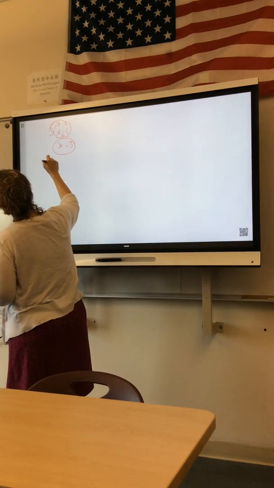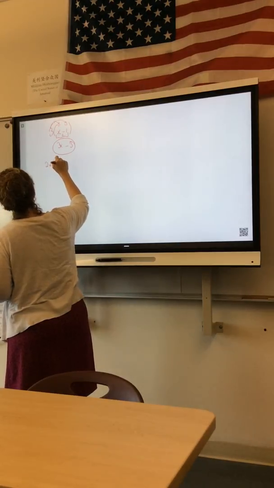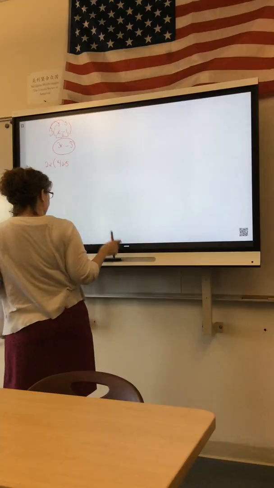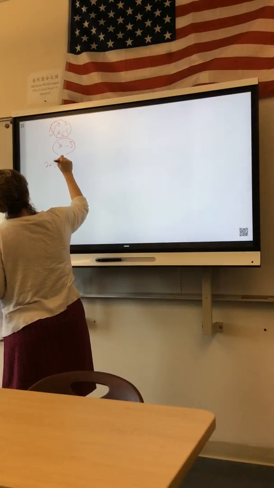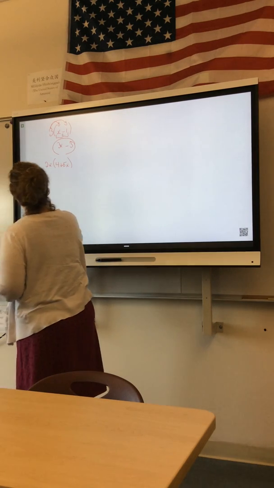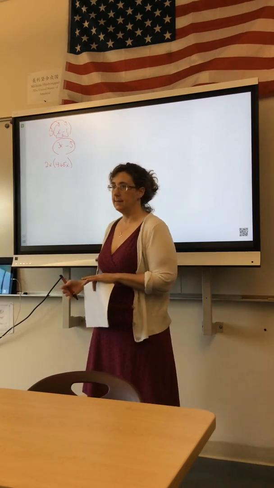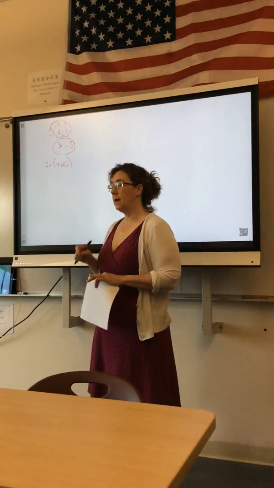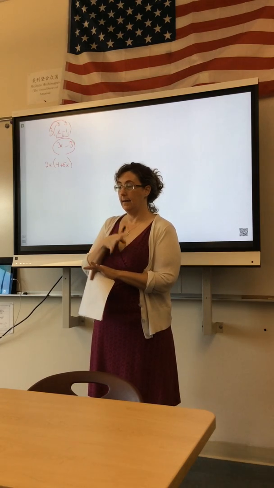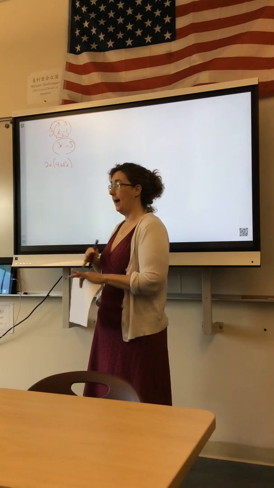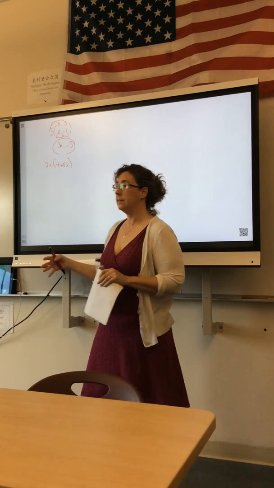You can distribute in letters as well. So the 2x gets distributed into all of the terms in the parentheses. And remember, terms are identified by whether or not it's addition or subtraction on either side. 4 plus 5x, those are 2 separate terms.